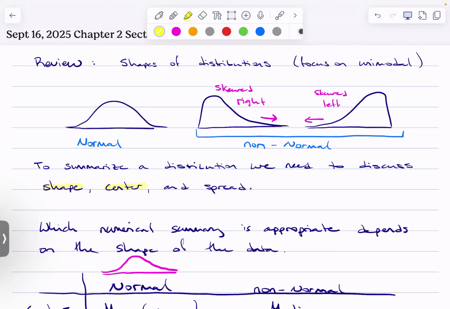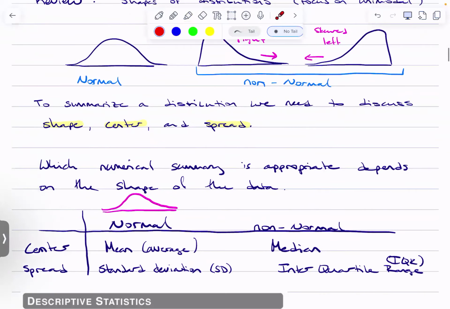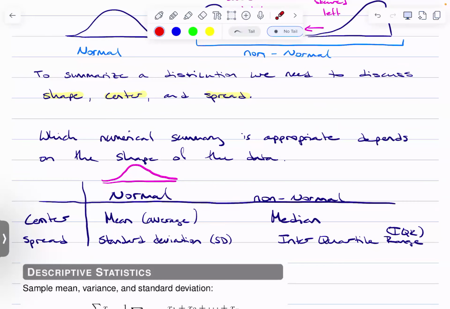And for the spread, really what I'm looking for is just a minimum to maximum of possible values. What we led into last week is that we don't worry so much about the center and spread being perfect just by eyeballing it, because we're going to calculate it. It doesn't need to be bang on. It's just to get an idea of what's reasonable.